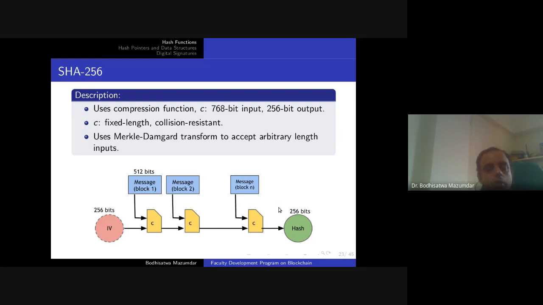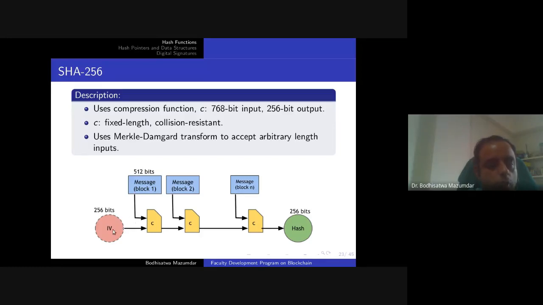As I informed before, this SHA can take an arbitrary length bit string. The input to that hash function is partitioned into 512-bit blocks. The entire message is split into 512-bit blocks. In the first iteration of C, a 512-bit block is given as the input, and then an IV of 256 bits is given.